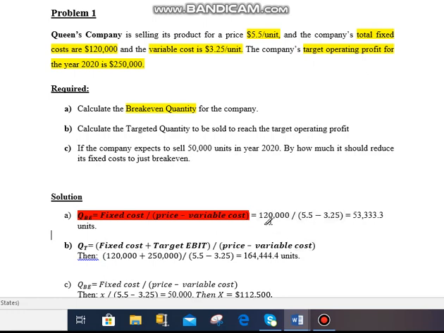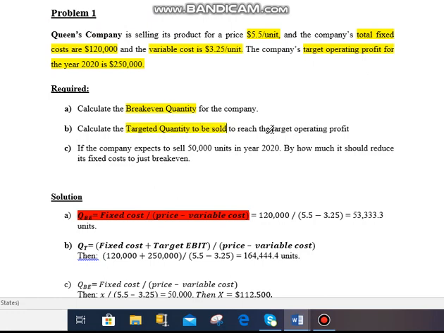So it's equal to 120,000, the fixed cost, over 5.5, which is the price per unit, minus 3.25, which is the variable cost per unit. So we will get the break-even quantity, which is 53,333.3 units.